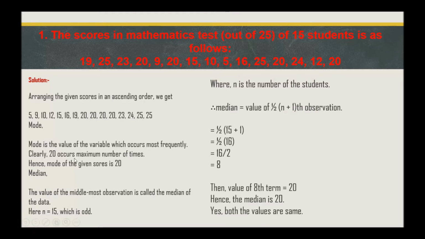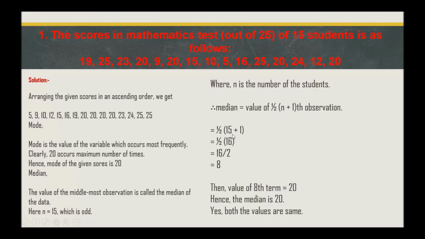Then we have to find the median. The value of the middlemost observation is called the median of the data. Here n equals 15, which is odd, where n is the number of students. So median equals the value of the (n plus 1) by 2 th observation.